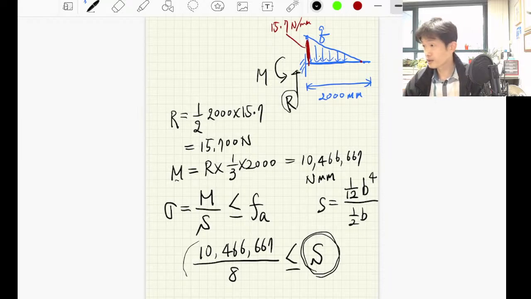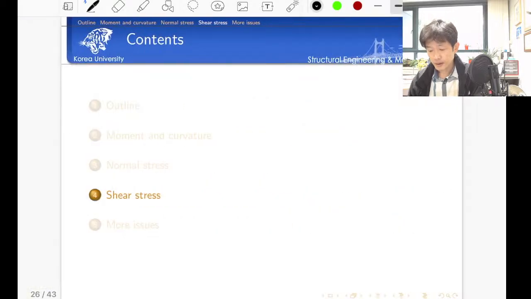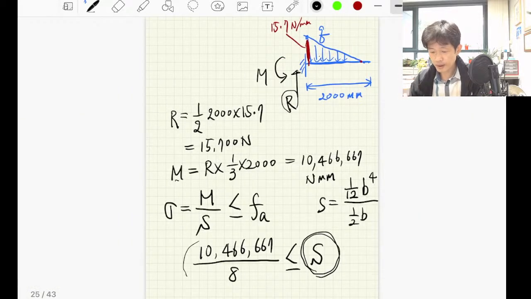Do you have any questions for this example? Okay, so let me talk about the general procedure regarding the beam problem.